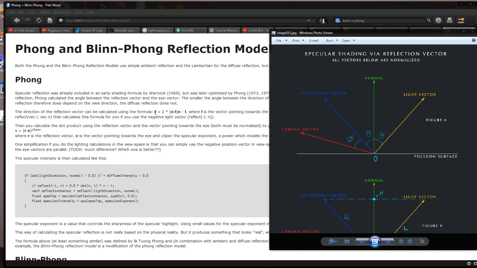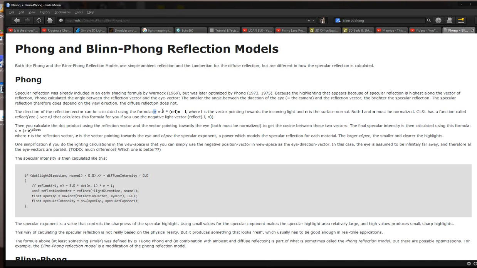You find a reflection vector by going 2 times n dot l times n minus L, which is the incoming light direction. It's easier to basically just do a reflection of the incoming light in the normal.